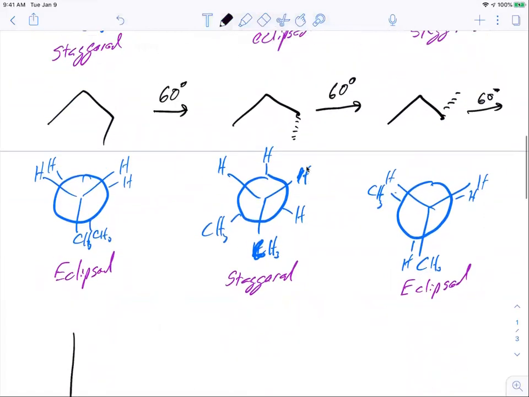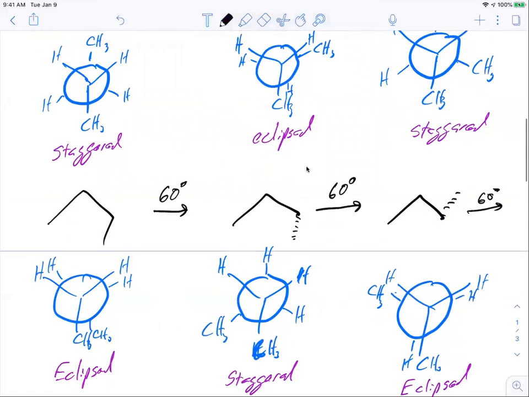And if we think about our staggered, the same thing happens. Is this staggered going to be the same energy as that staggered? Well, in this staggered, the methyl group is between two hydrogens, but over here, I've got the methyl groups next to each other. They're not eclipsed, they're not that close, but there's still going to be a little bit of interaction.